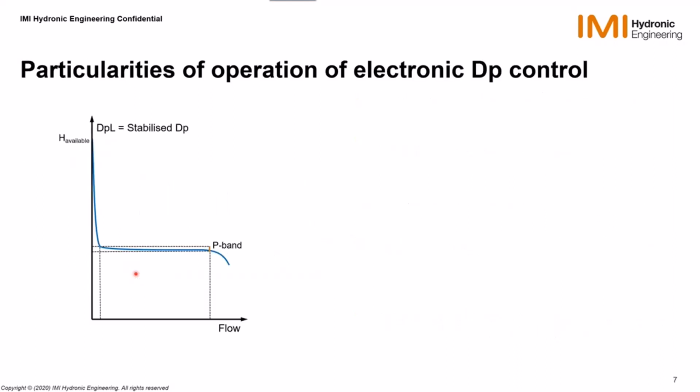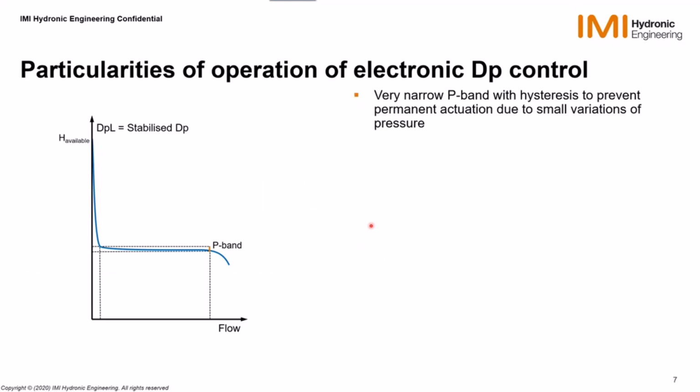Let's look now at some particularities of operation of electronic DP control. The first is that we get a very narrow P band. So the TSMAR DP will maintain 25 kPa, but not with a very, I would say, slopey P band. It is a quite narrow P band.